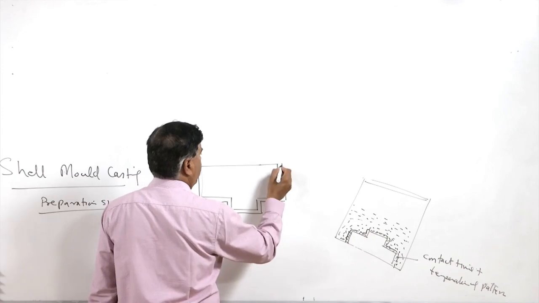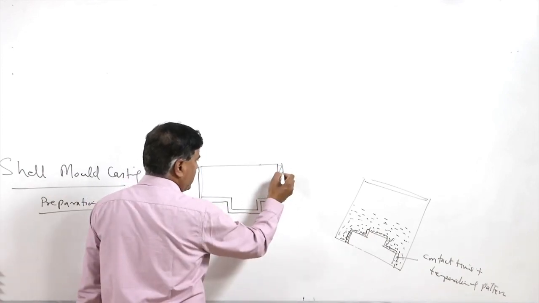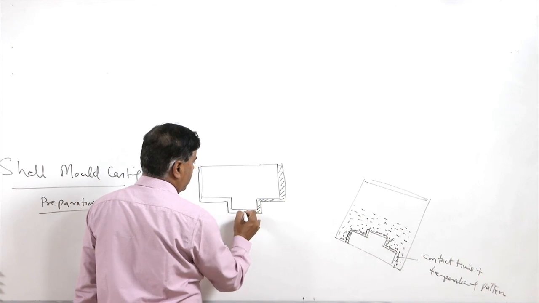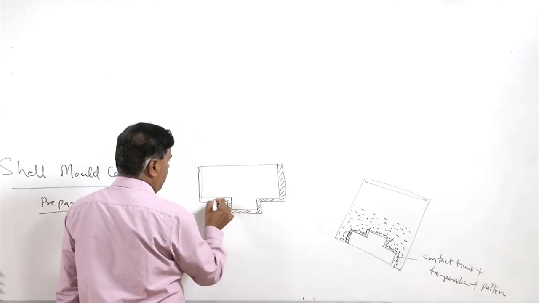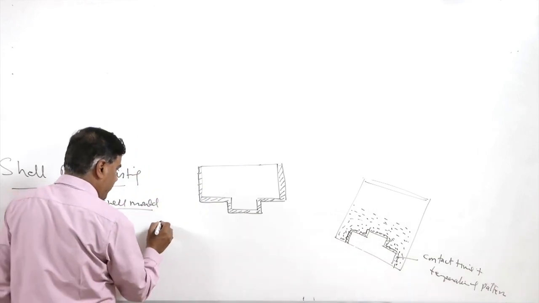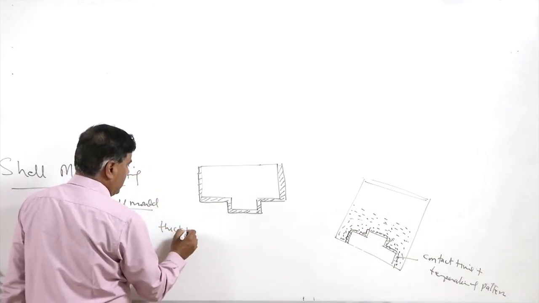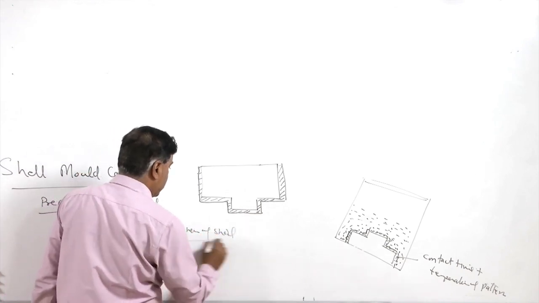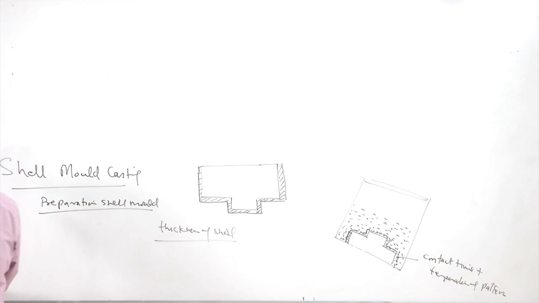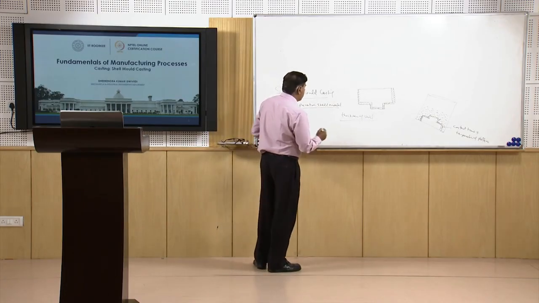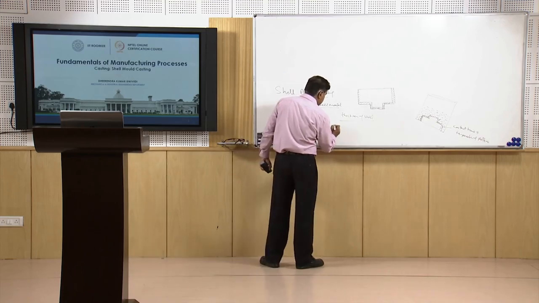Like this. So, this shell now we need to take care of. There are certain things now about which we have to talk, like what are the factors that will be affecting the thickness of the shell which is to be used. So, say there are two factors.